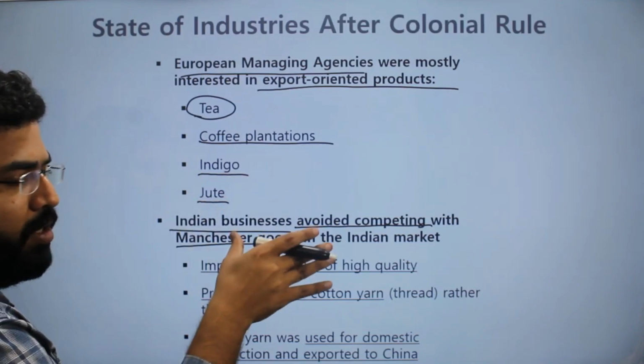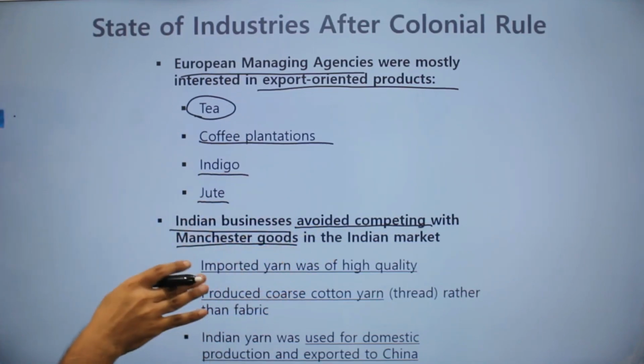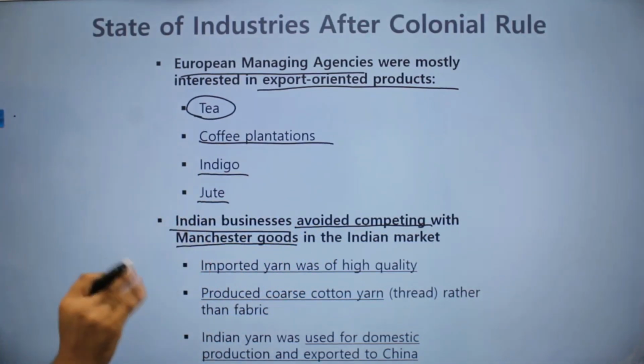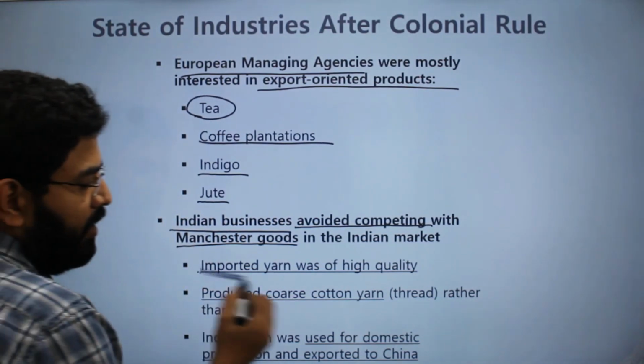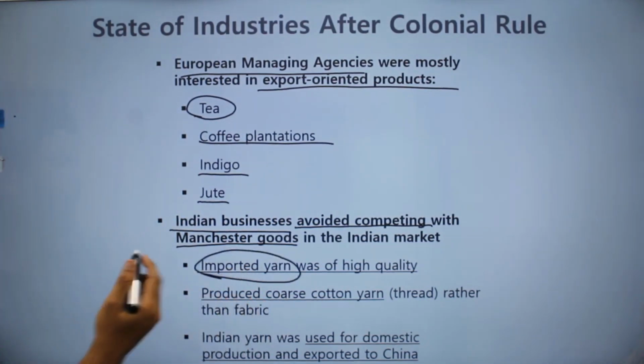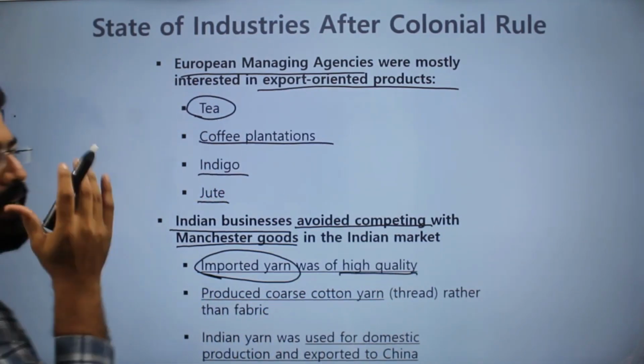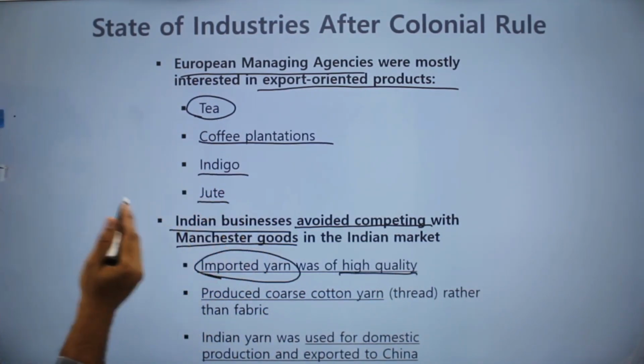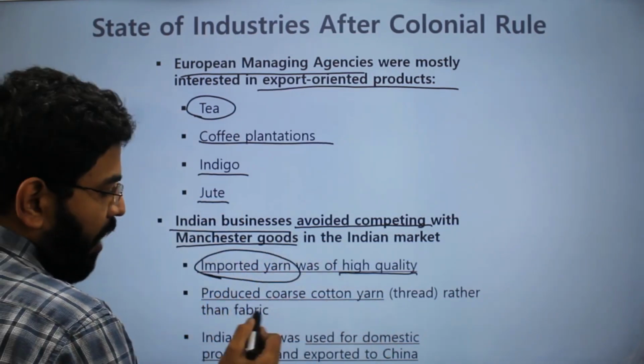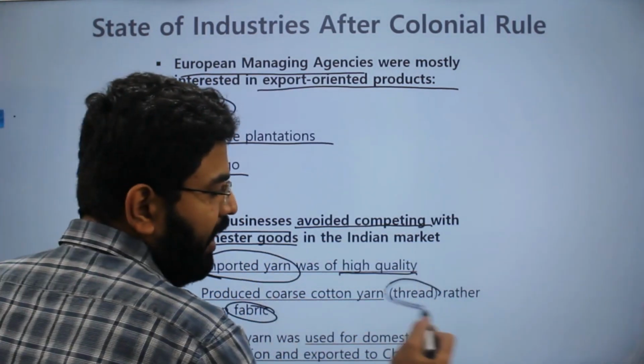So when these products were there in the Indian market, the Indian businessmen did not want to compete with them. The reason for that, the Manchester yarn was of very high quality and they could not compete with that. So they changed their strategy. Instead of going for the fabric, they went for the thread.